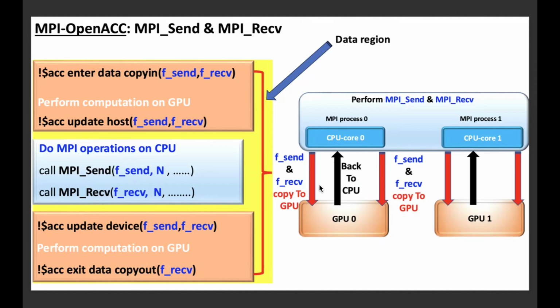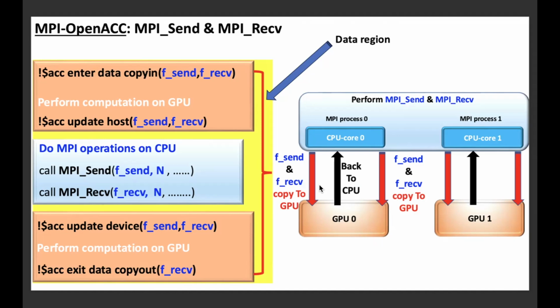So this happens in an iterative way. You copy data from the CPU to the GPU, you do computation on the GPU, you copy data back to the CPU, where you apply an MPI function to do some communication on the CPU level, and you iterate that over and over again.